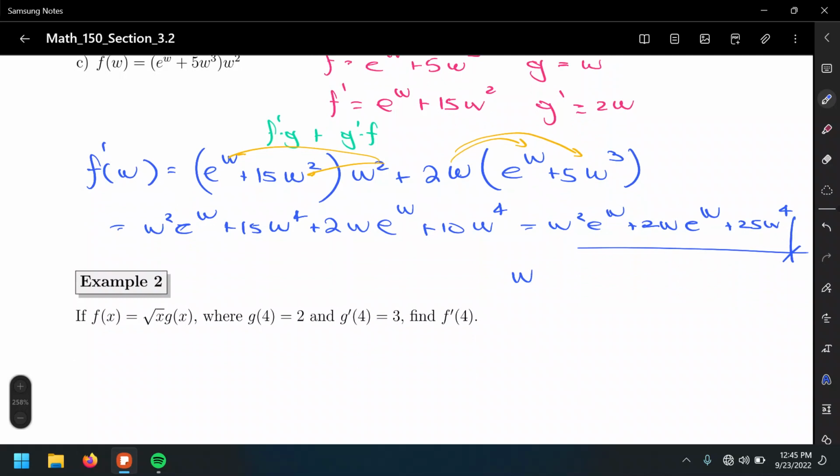That's fine on the exam. But later in chapter 4, we would need to keep going with the factoring. That's w e to the w plus 2 e to the w plus 25 w cubed, times w. That's another alternative either way. But this one is fine in this case. Yeah, I know sometimes it's crazy how in some cases it's okay to factor all the way, and in this case it's good enough if we have it this way. That's fine.